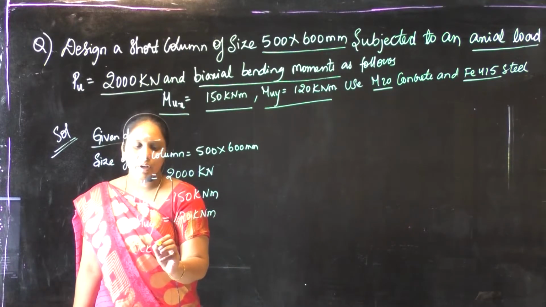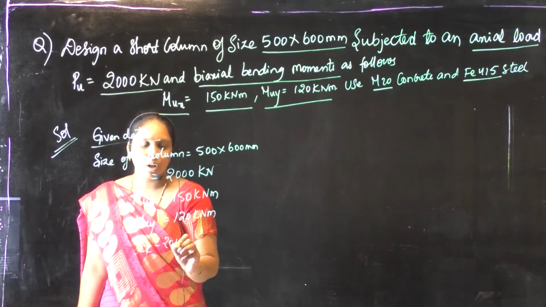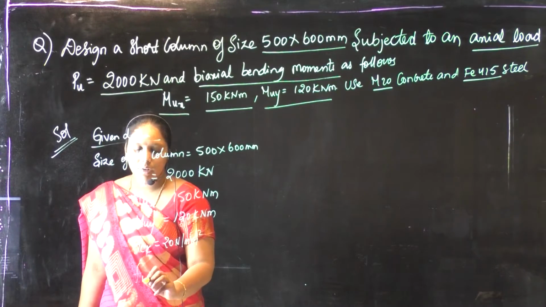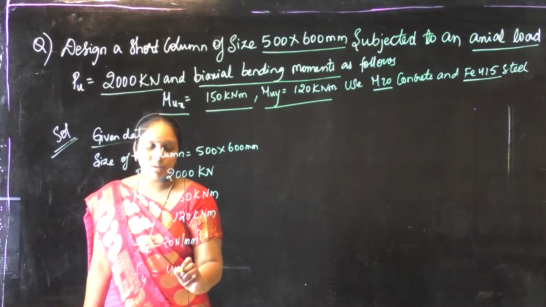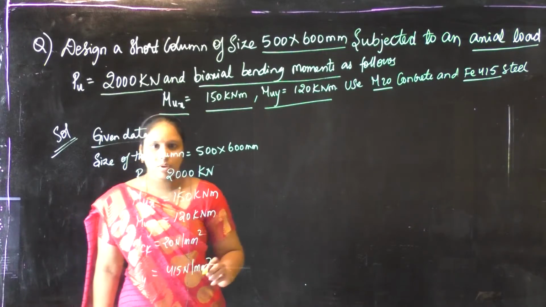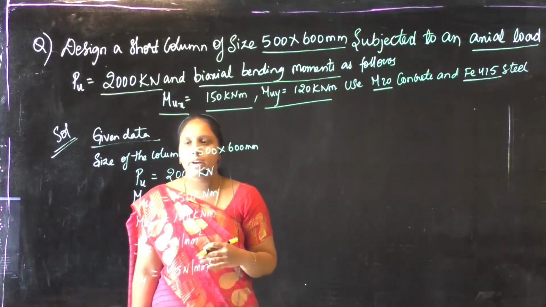The grade of the concrete is given, fck is 20 Newton per mm square, and the grade of steel is given, fy as 415 Newton per mm square. So this is the given data.